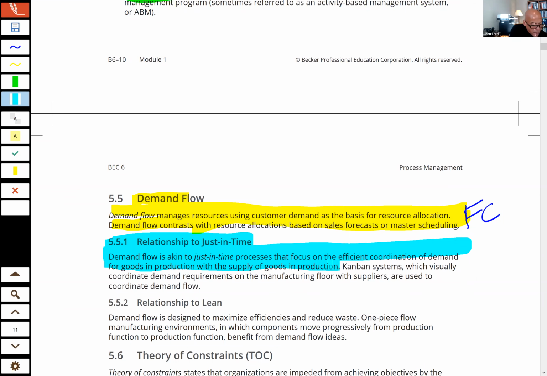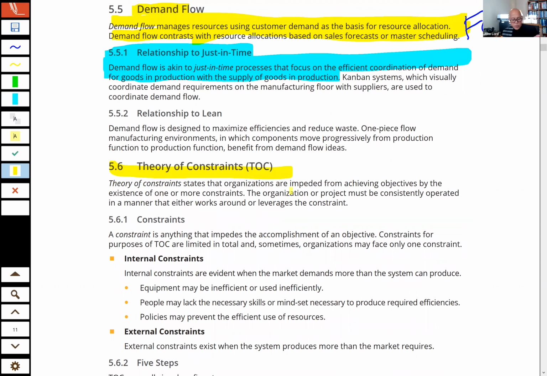Okay, good. Come over and let's take a look at the theory of constraints. And I was looking at this earlier. I thought, I'm sure somebody's written a book about this or something, but a person could apply these things almost to your life, right? I mean, anything you want to accomplish is going to be stopped by what?